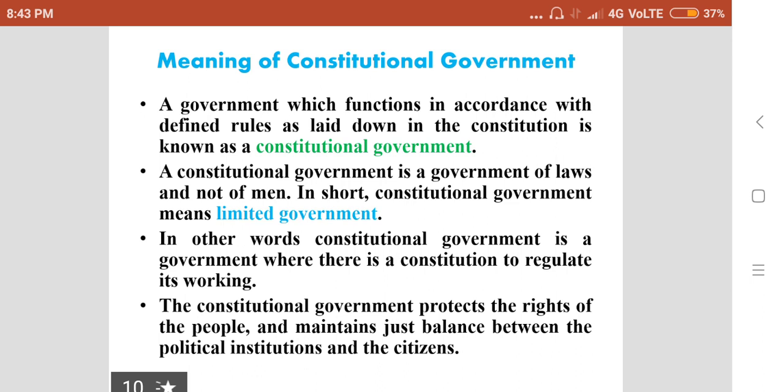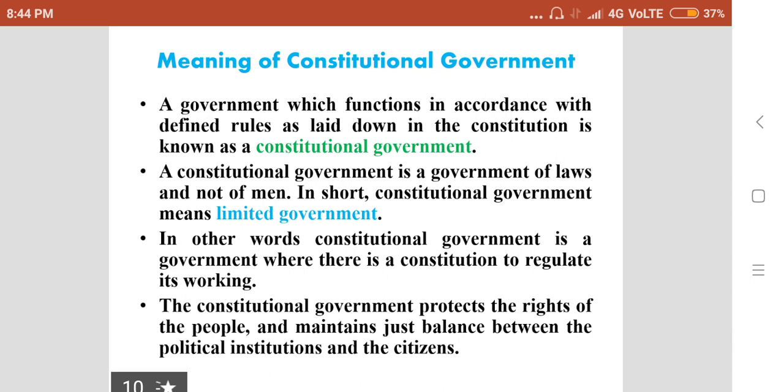A government which functions in accordance with defined rules as laid down in the constitution is known as a constitutional government. A constitutional government is a government of laws and not of men. In short, constitutional government means a limited government.